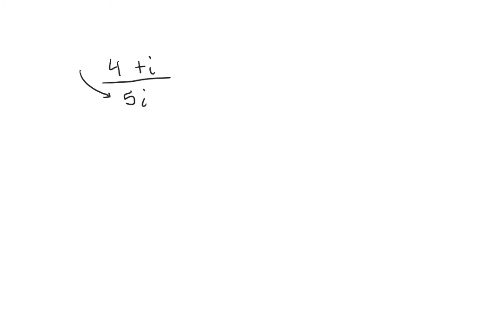So the rule is we want to get the i's out of the denominator. So what I'm going to do is multiply the numerator by i and the denominator by i, because i divided by i is just 1, and multiplying by 1 doesn't change anything.